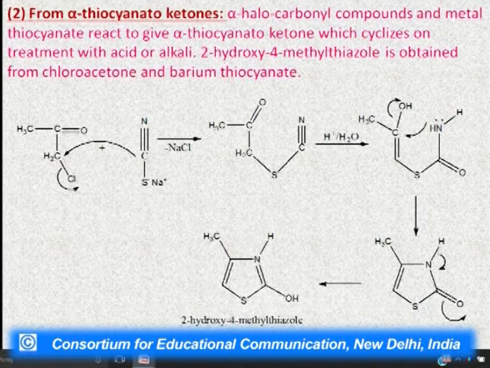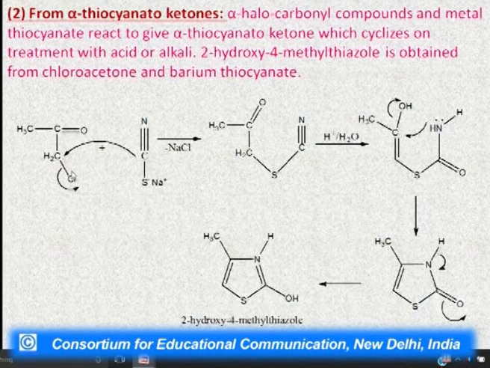Thiazole can also be prepared from alpha thiocyanato ketones. Alpha carbonyl compounds and metal thiocyanate react to give alpha thiocyanato ketone, which cyclizes on treatment with either acid or alkali and gives 2-hydroxy-4-methyl thiazole, which can be obtained from chloroacetone and barium thiocyanate.